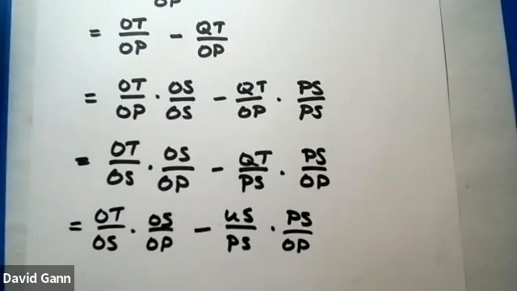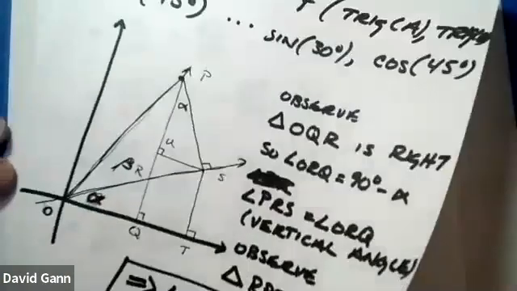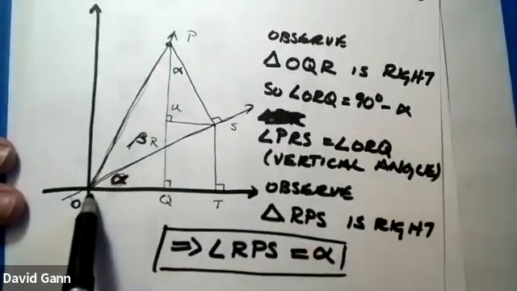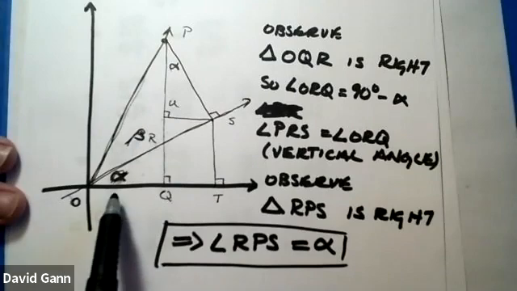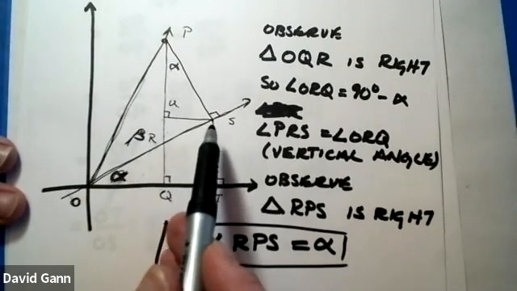So let's take these term by term, because basically these are now trig functions, because they're ratios of legs to hypotenuse. So let's look at OT over OS. Here's OT and here's OS.